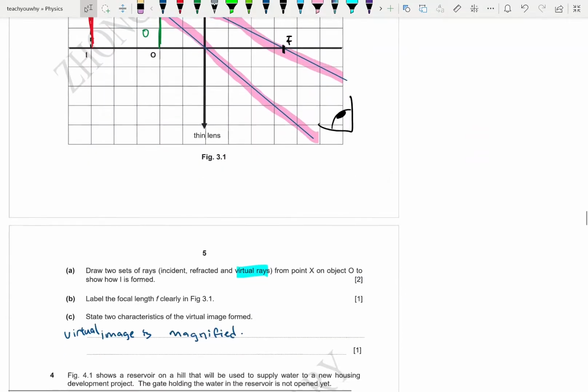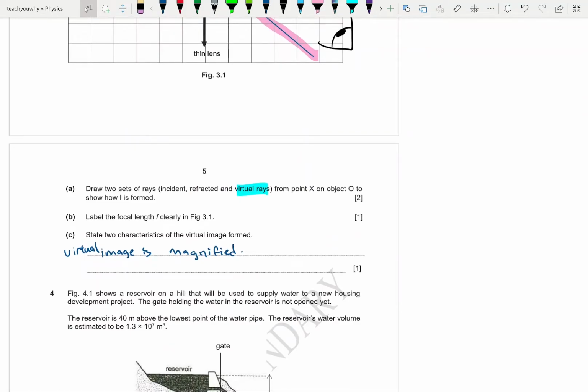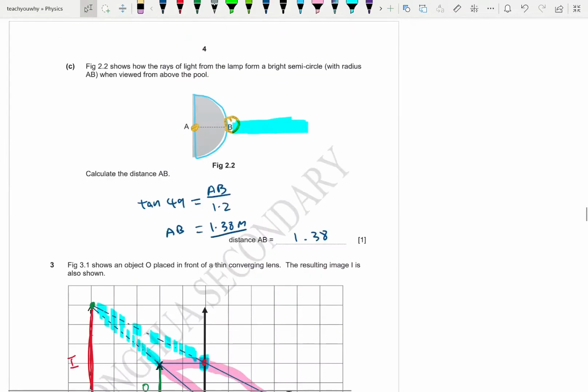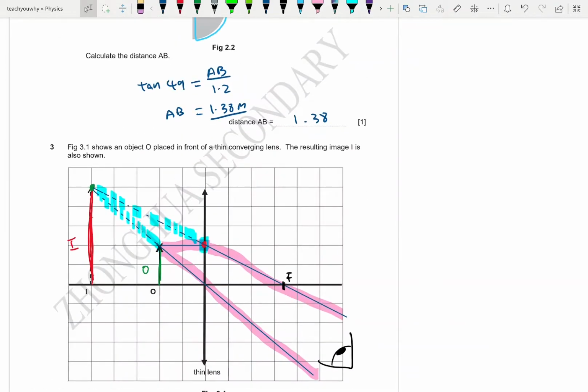So we will say that the image is also upright. Now again, what does upright mean? Look, you see this image is above the axis. This object is above this axis. There are too many colors, it's a bit confusing, so let me erase this first.